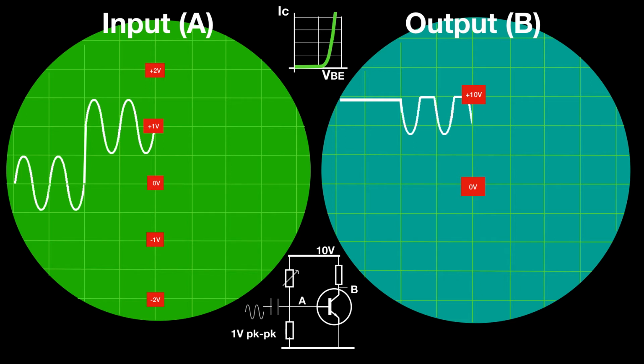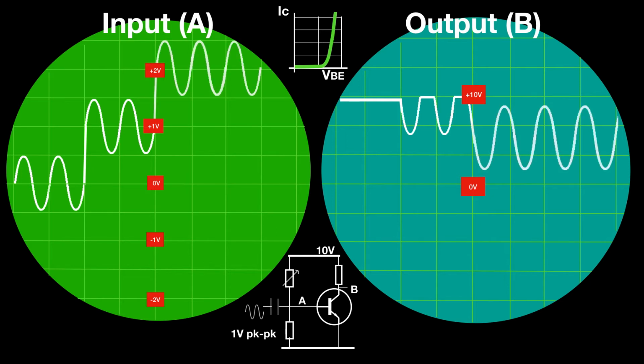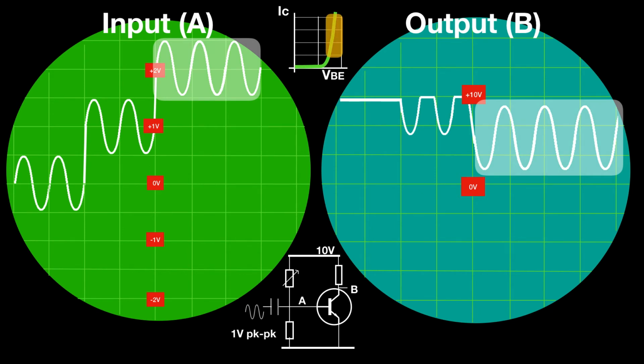If we then go to increase the voltage at A further, centering the voltage at 2 volts, now we're effectively on this part of the curve. We're always in conduction, and therefore you are seeing on the output the full swing of the voltage that's applied to the input.